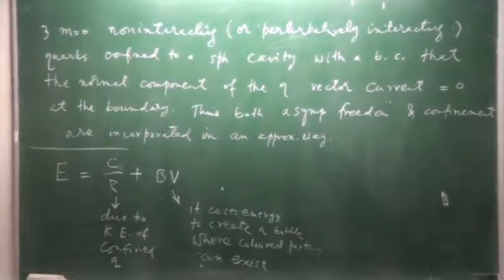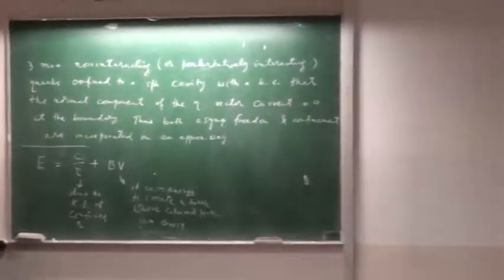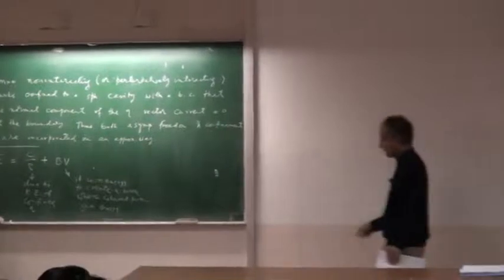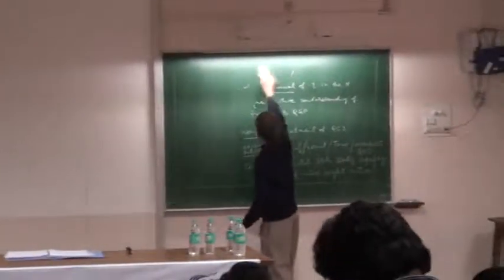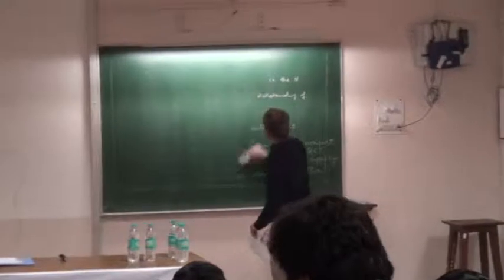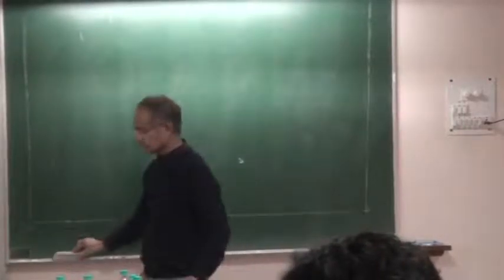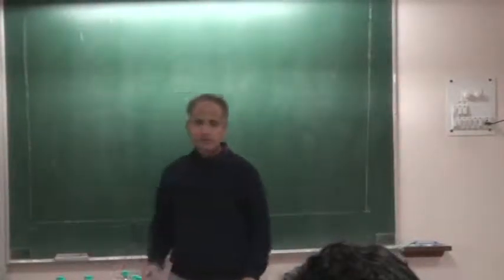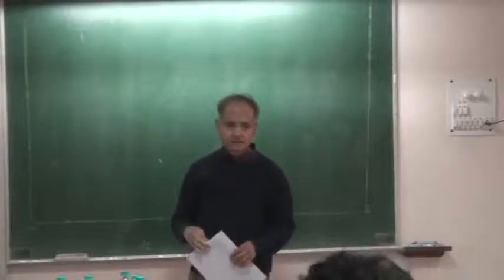How do you find the balance situation? How will you find the radius for which the nucleon is stable? Yes, del E by del R, and equate it to 0.